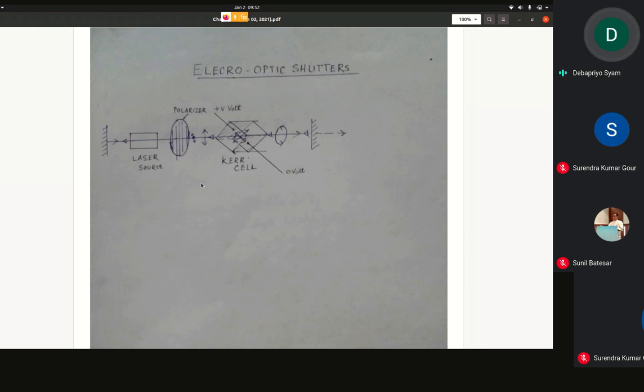Initially, they were in phase, but when they come out of the end phase, they have a phase difference of pi. As a result, the radiation that comes out of the cell is again plane polarized, but the plane of polarization is perpendicular to the initial plane of polarization.